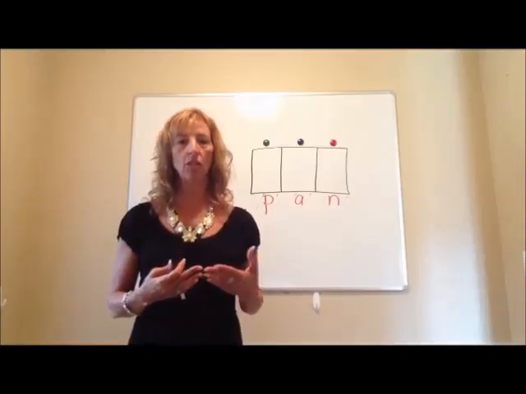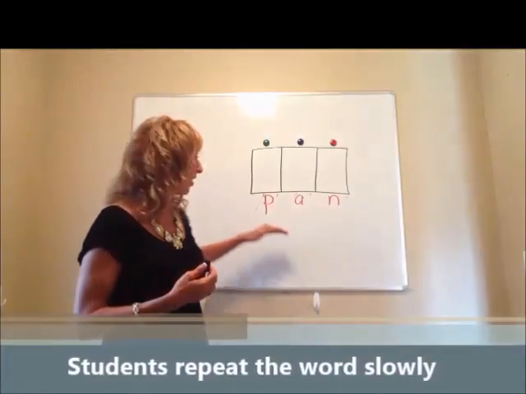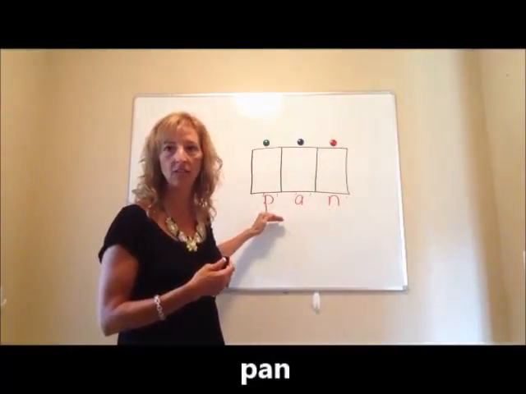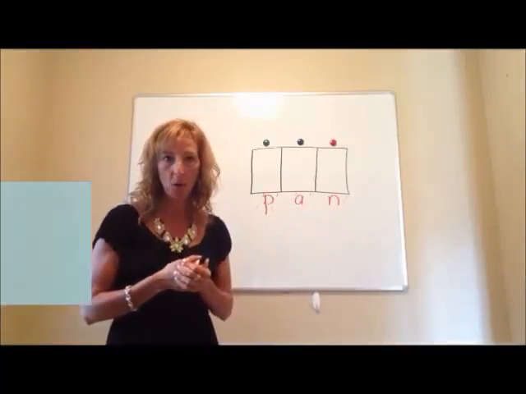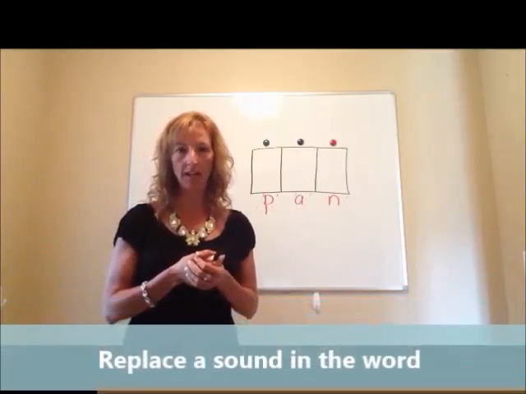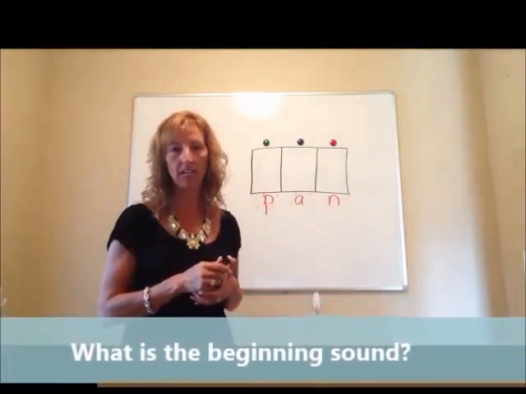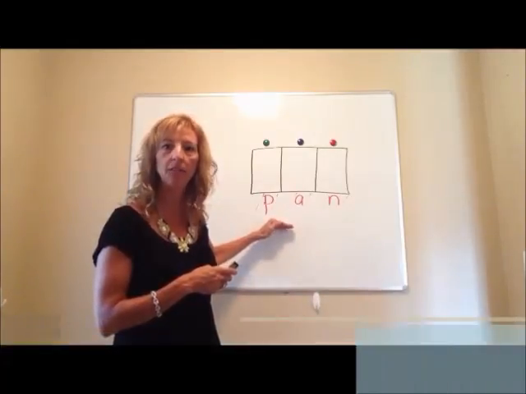Tell students that you know a word that you want them to repeat slowly with you. The word is pan. Have students repeat this word with you. Pan. Now talk about which sound in the word you want to replace. So what is the beginning sound in the word pan? The beginning sound in the word pan is p.